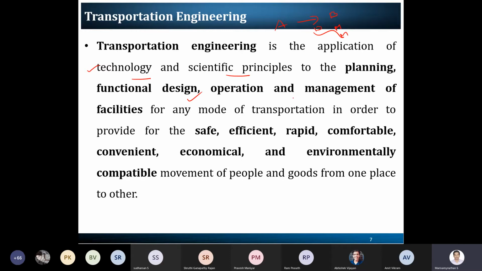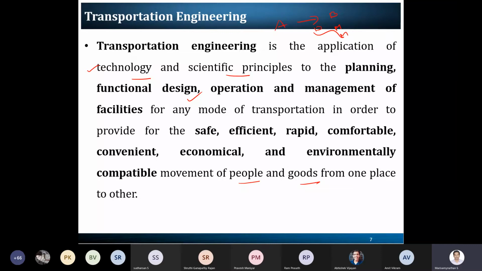The main motivation is transferring people or goods from one place to another. This is the definition of transportation engineering. I hope you have clarity about the meaning of transportation and transportation engineering. This is a major term you should keep in mind.